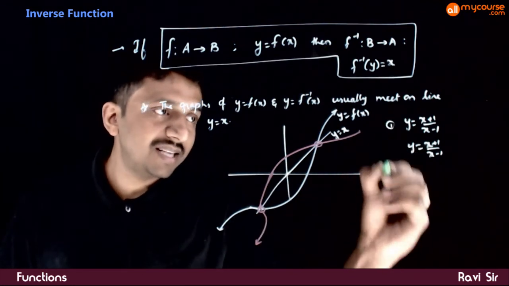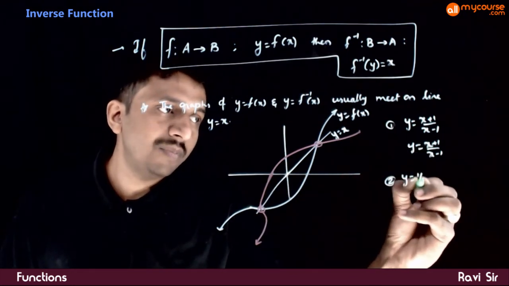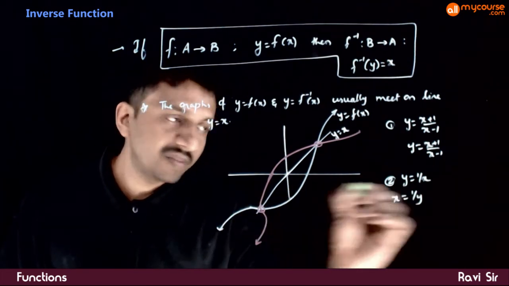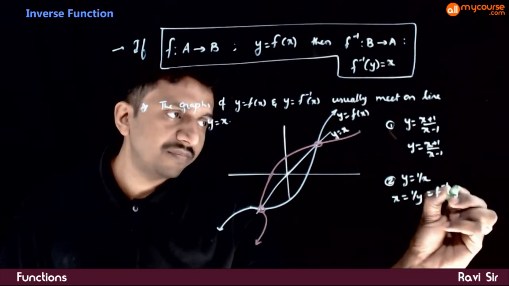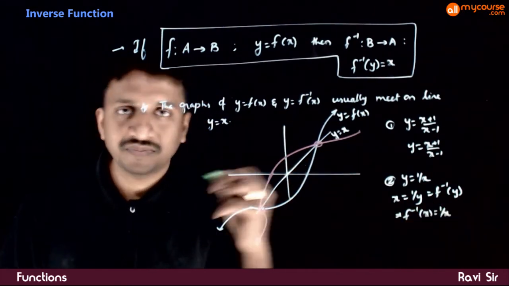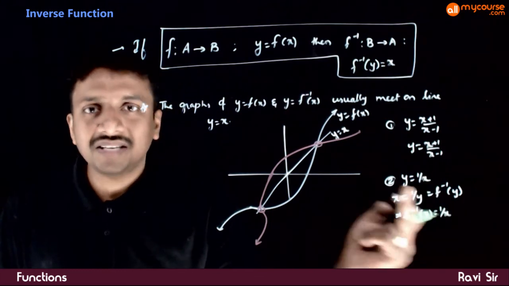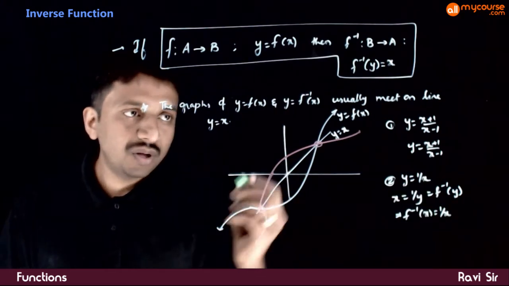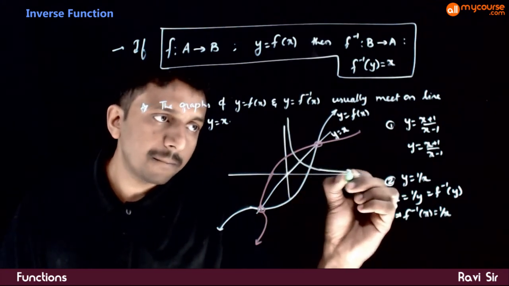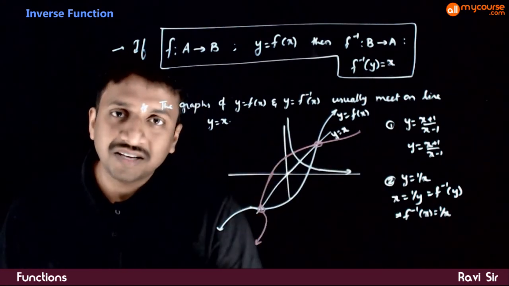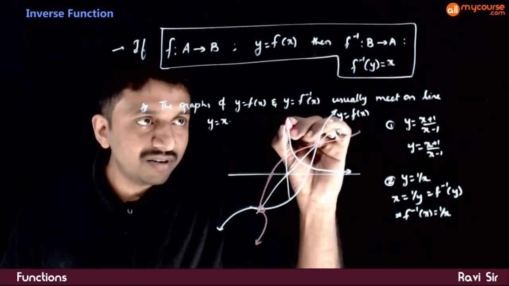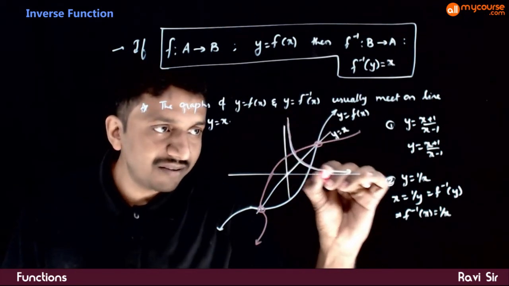If you take another example, y is equal to 1 by x, this becomes x is equal to 1 by y, which is equal to f inverse of y. This implies f inverse of x is equal to 1 by x. So you get the same function as the inverse function. We know that y is equal to 1 by x looks like this, so the inverse function also has the same graph.